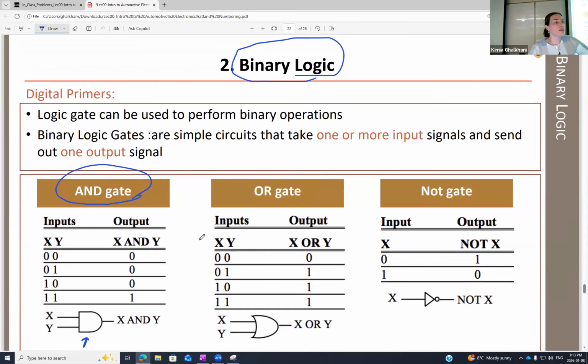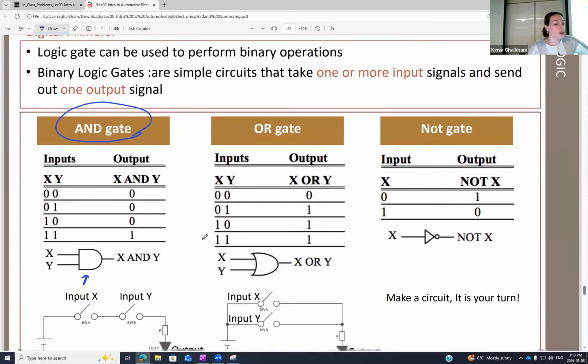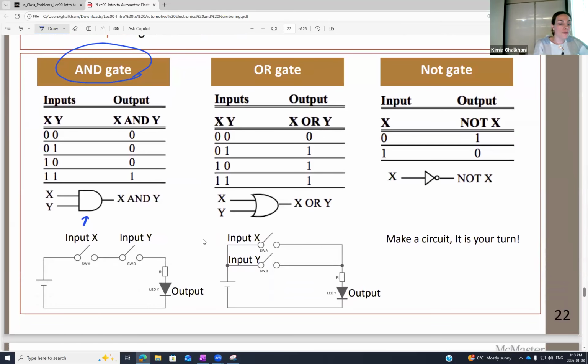Binary logic means logics that are based on 0 and 1. For example, if X is 0, Y is 0, and this is AND, what will happen? If both of them are 0, then I'm going to have 0. 0 and 1, 0. 1 and 0, 0, and so on.